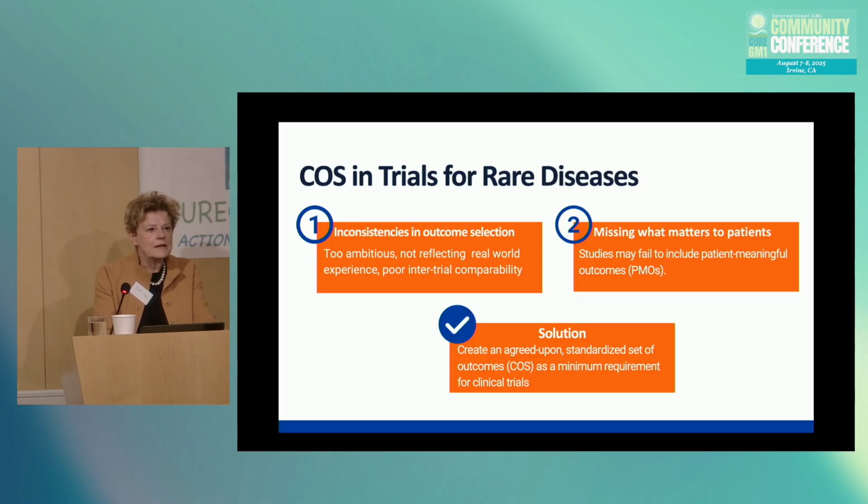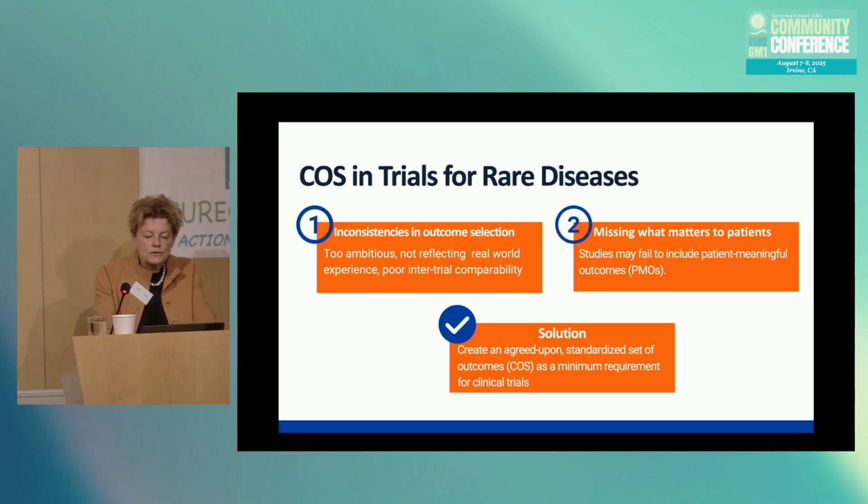We all know that some treatments don't meet FDA approval because they just don't achieve the chosen primary outcomes. Sometimes the outcomes do not reflect real-world experience, which becomes very important in the marketing phase, where we have to do post-marketing observations. And as I mentioned already, trials are often not very well comparable between each other.